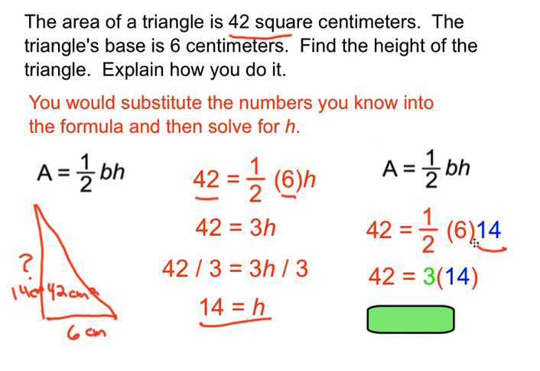Our height is 14. 3 times 14 is indeed 42. So when we plugged that height into our formula, the math worked out, so we had 42 square centimeters.